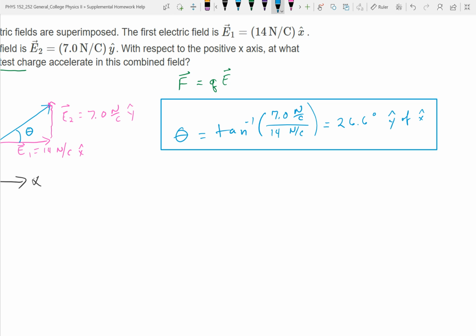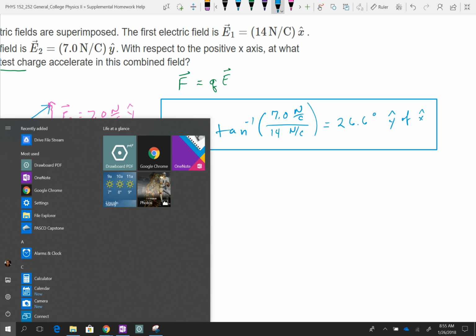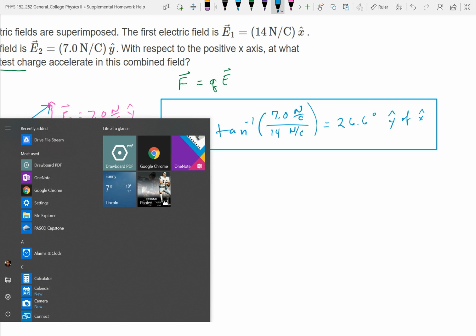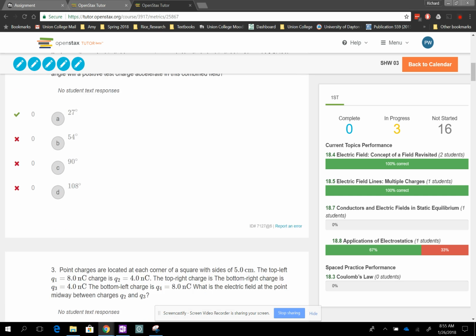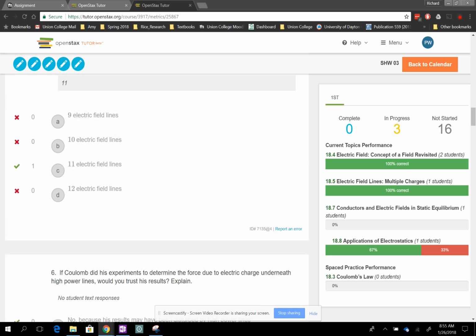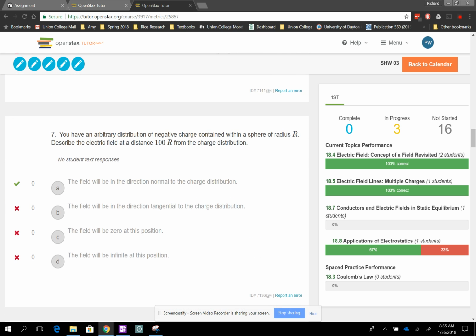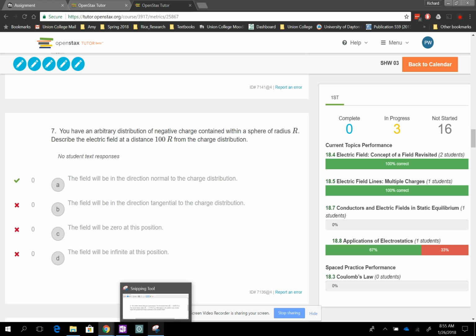This one: you have an arbitrary distribution of negative charge. We have an arbitrary distribution of negative charge.